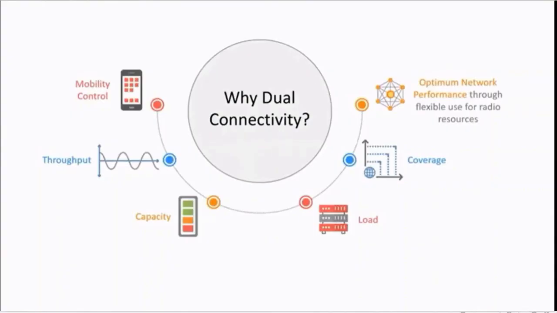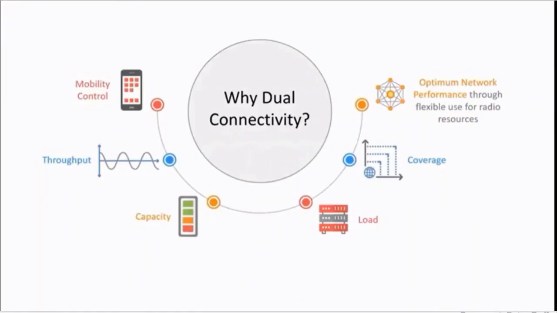Dual connectivity gives us the option to provide more radio resources to the user equipment that can result in improved throughput, better capacity, better coverage, and the ability to manage load across different carriers and BTSs.